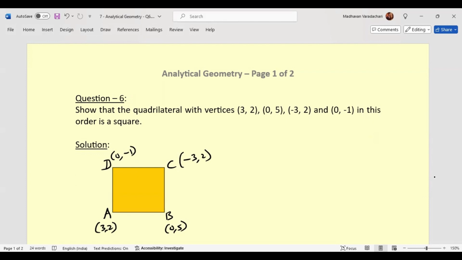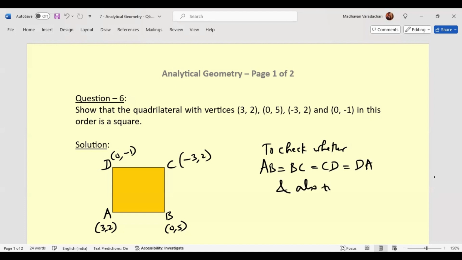In order to prove that it is a square, we need to check whether AB is the same as BC, BC is the same as CD, CD is the same as DA, and also to check about the diagonals, that is whether AC is equal to BD or not.